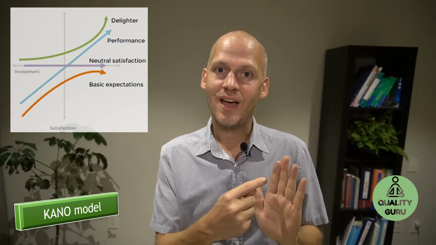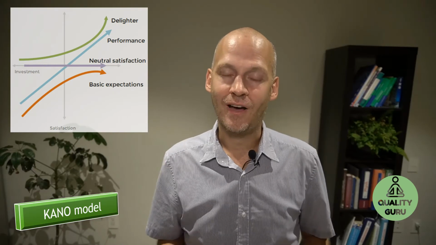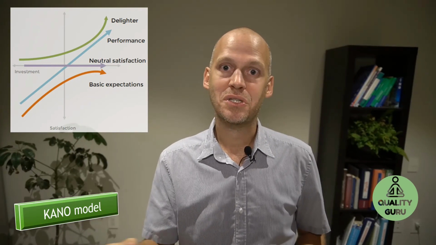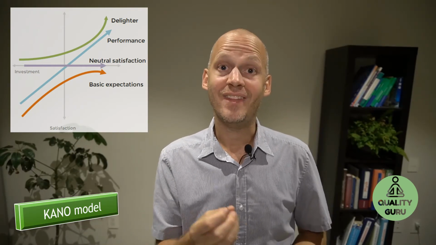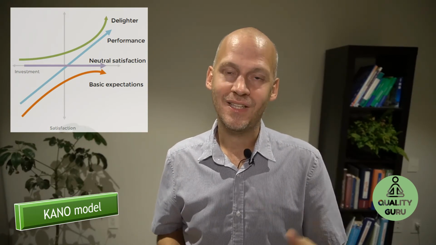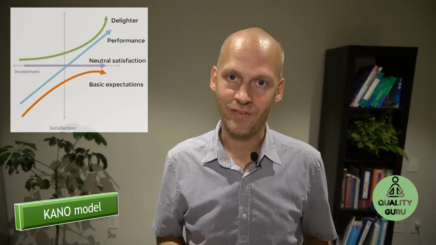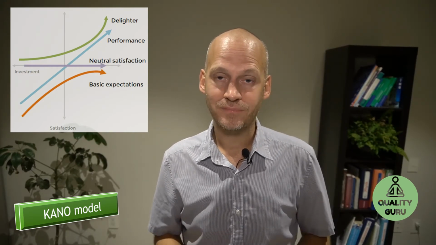By using these KANO questionnaires, you can automatically find out what falls into which category for your customer, and then you can define a strategy for how to meet the requirements of your customer and where you want to focus in the near future.